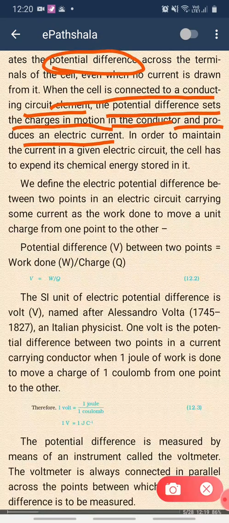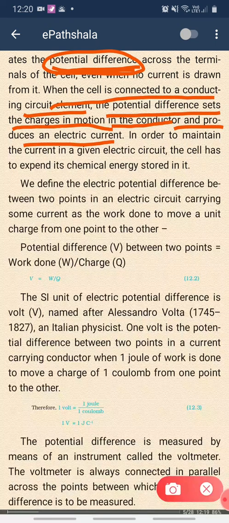It is created by the cell, or by the battery with a few cells in it, to maintain the current in a given circuit. To maintain this, we have to either keep replacing the cell or the battery, or we have to charge the battery. Only then will this potential difference be maintained.